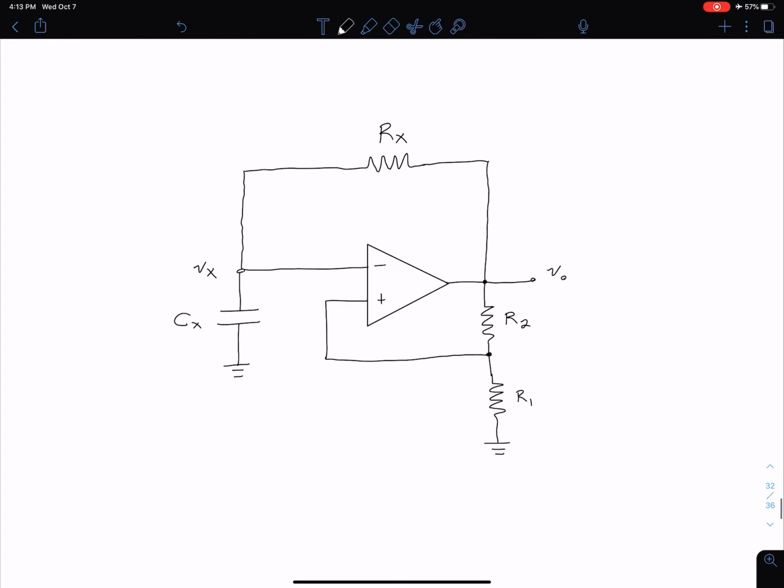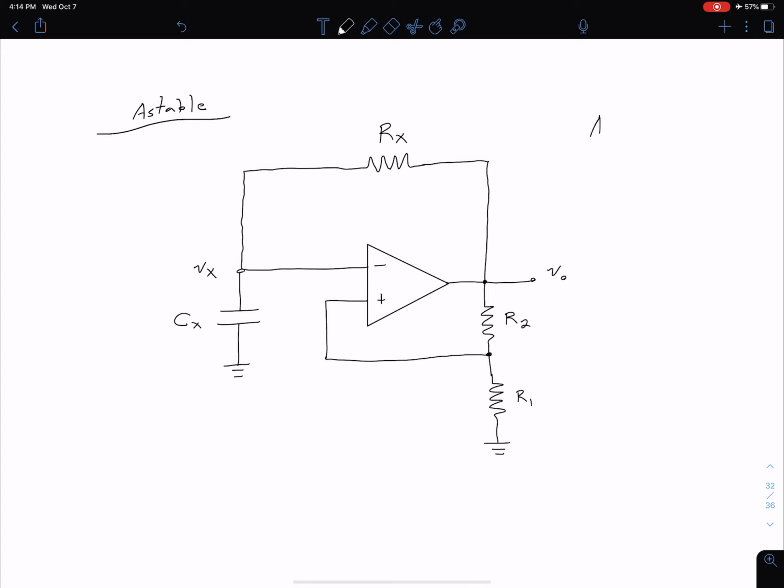So here's our basic circuit for our Schmitt trigger oscillator, and again keep in mind this is for our astable. We're going to adjust the circuit a little bit to make it monostable. We're going to make a couple assumptions here.